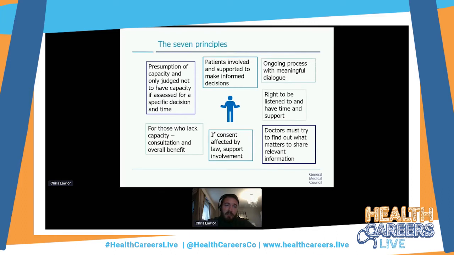The second exception is the law. If the law says you have to share confidential information with whoever it might be, then you have to abide by the law. And for doctors, there are certain things that you have to share. There is information that you have to share with the DVLA in terms of concerns you might have around a patient's fitness to drive. We've also got issues such as female genital mutilation, FGM.